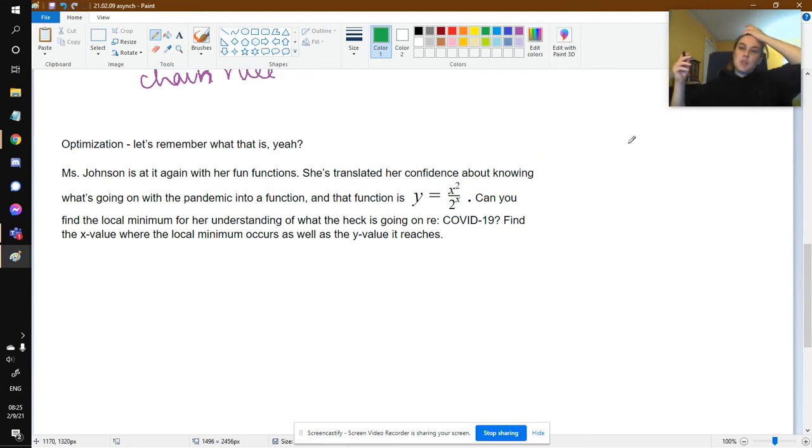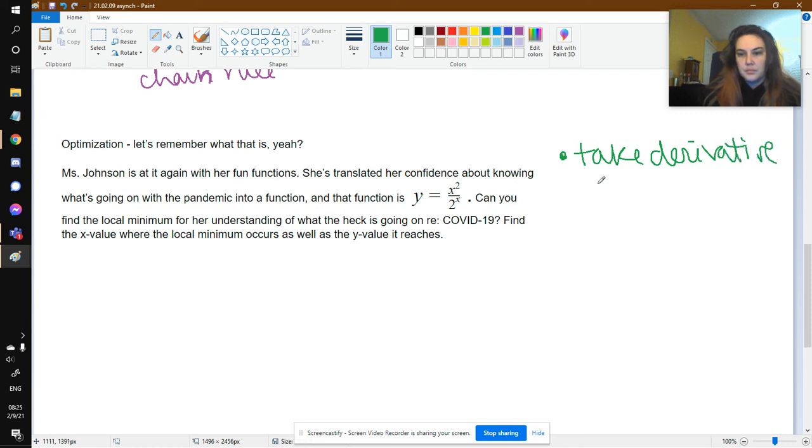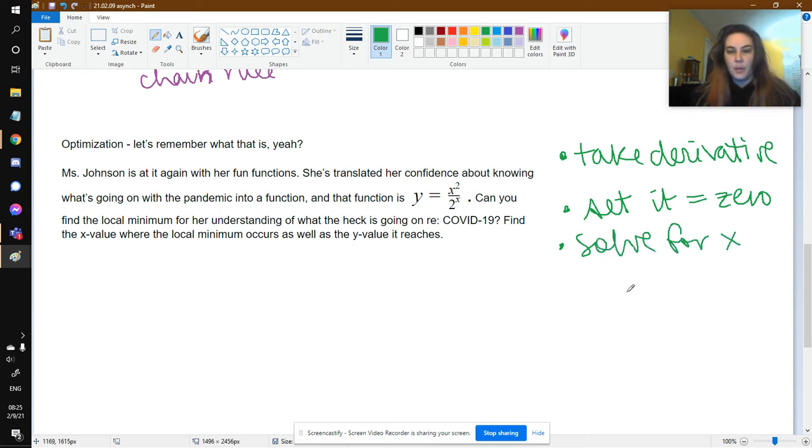Let's remember about optimizations, right? Whenever we want to optimize functions, we have a plan. And that plan is take the derivative, set it equal to 0, and solve for x, right?